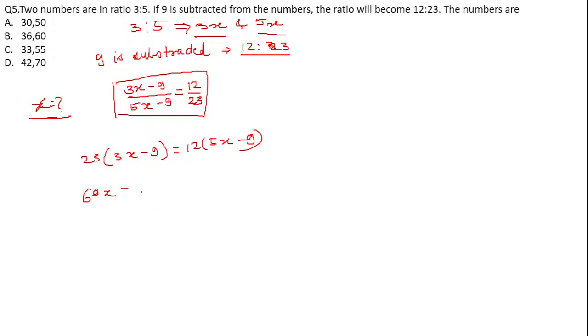So it is 207 equals 12 5s are 60x minus 12 9s are 108. If we get 60x over here, 69x minus 60x, we get 9x equals 207 minus 108, correct.